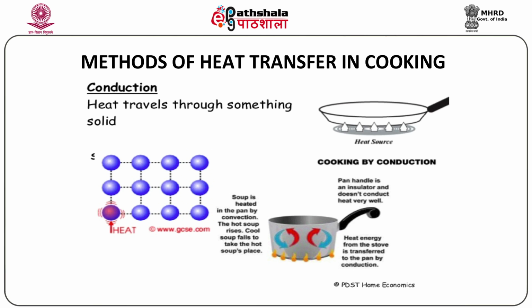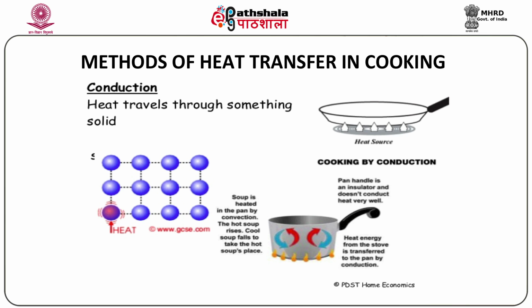This diagram will help us to understand the method of heat transfer by conduction. In conduction, the heat travels through a solid surface. When you place the pan or the vessel on the heated surface like a burner or a cooking range or a stove, the heat from the heat source is conducted to the solid surface of the pan or the vessel, and it helps in heating up the contents of the pan. The molecules that are in close contact with the heat at the bottom of the pan become less dense and rise, and the molecules on the top which are colder get displaced and come to the bottom.